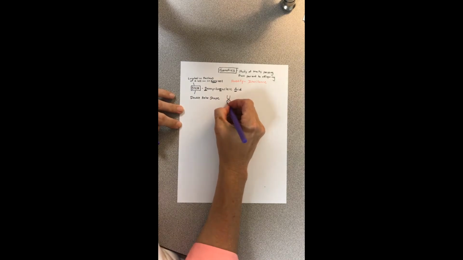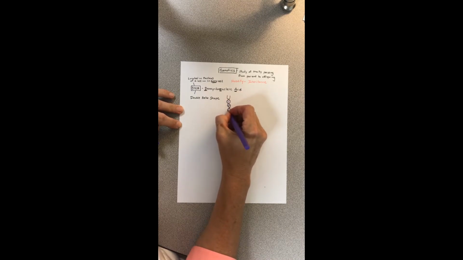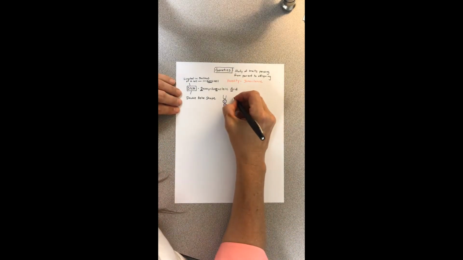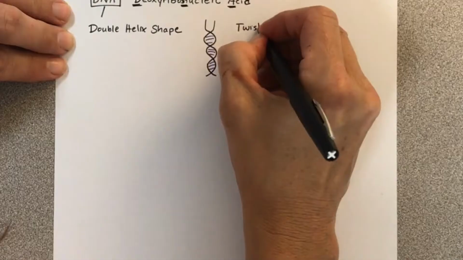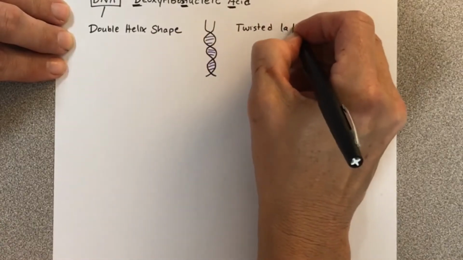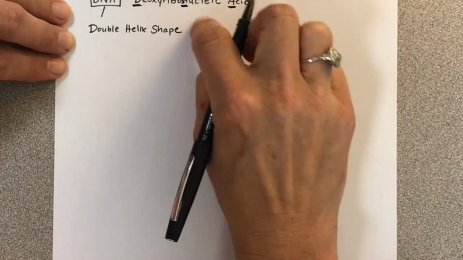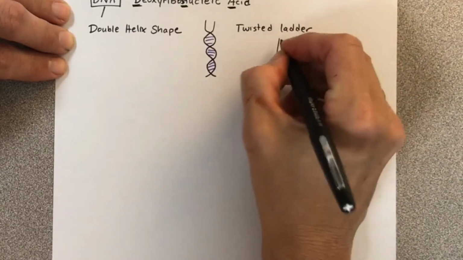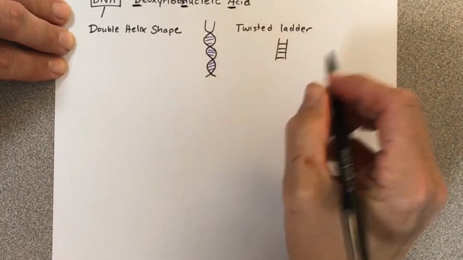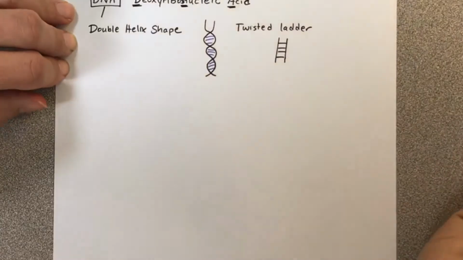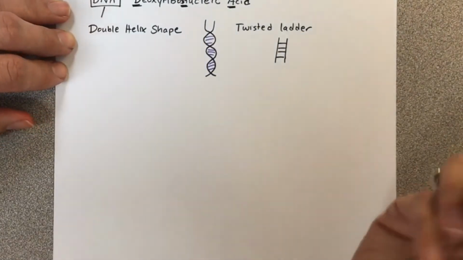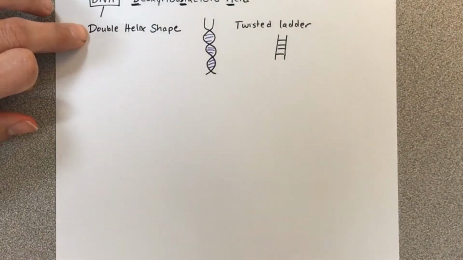That's of course the flat version, but it is like a twisted ladder. If you think about the sides of a ladder with rungs across it, and then you took the whole thing and twisted it, that's what your DNA double helix looks like.